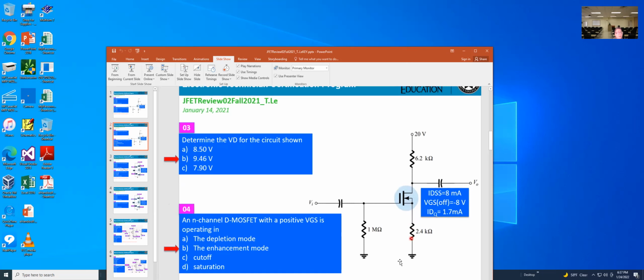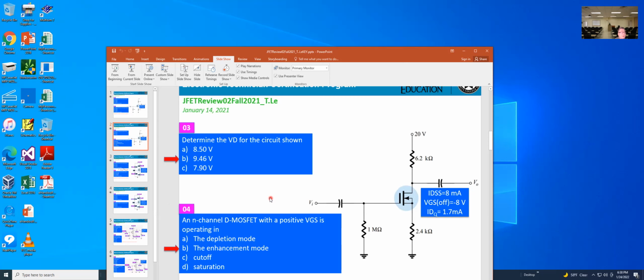Number 4, N channel MOSFET with a positive VGS. Okay, the answer will be same thing on the number 1. Correct answer will be enhancement mode.